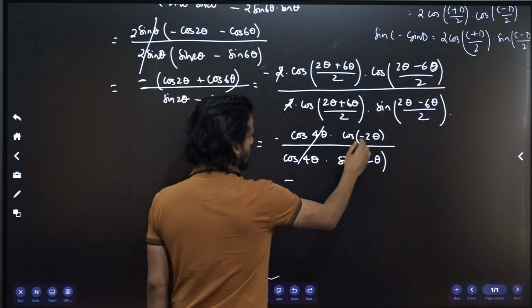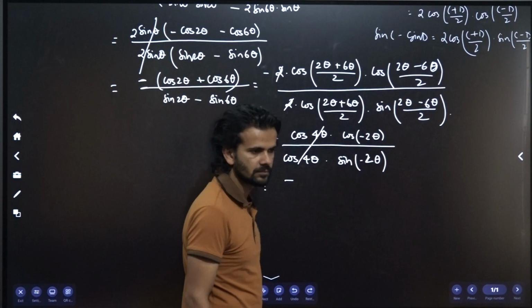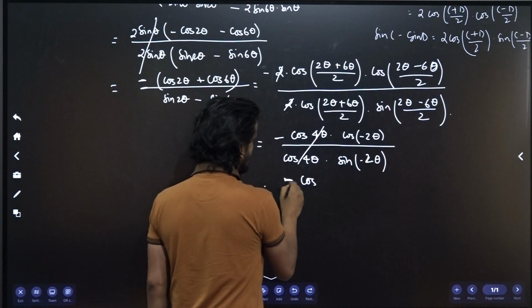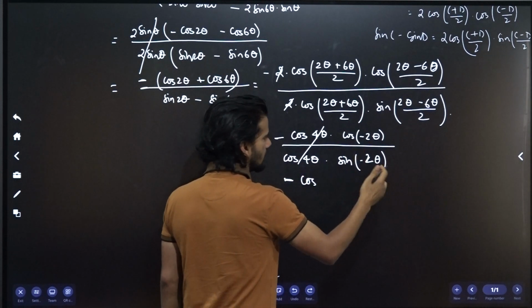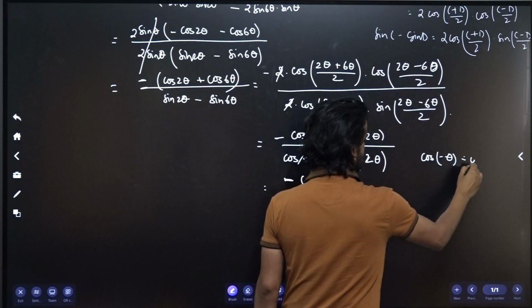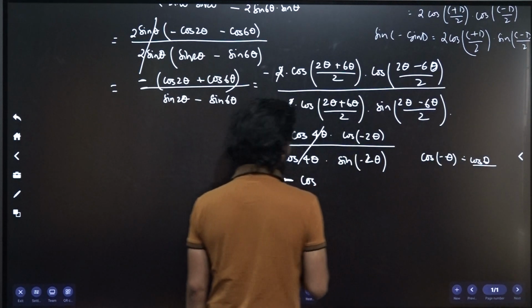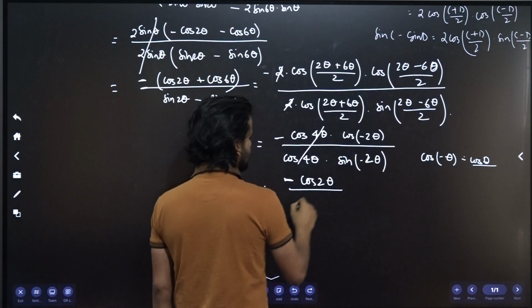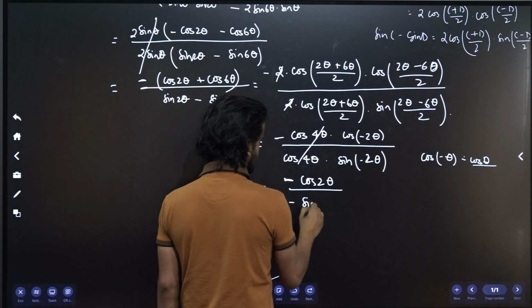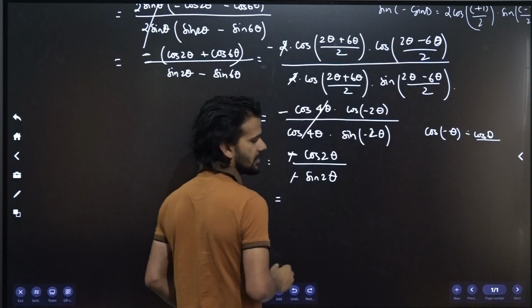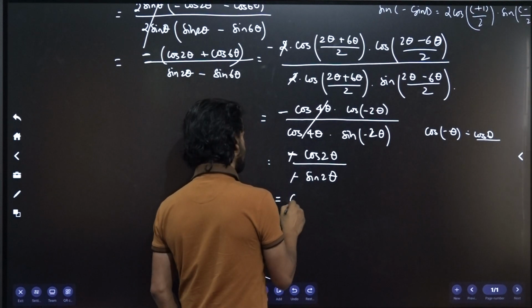Cos minus theta is cos theta. This minus is here. Why? Because the property of cos minus theta is equal to cos theta, an even function. Alright, cos 2 theta. Sin minus theta is minus sin 2 theta. Minus minus, cos theta divided by sin 2 theta. Cot 2 theta.